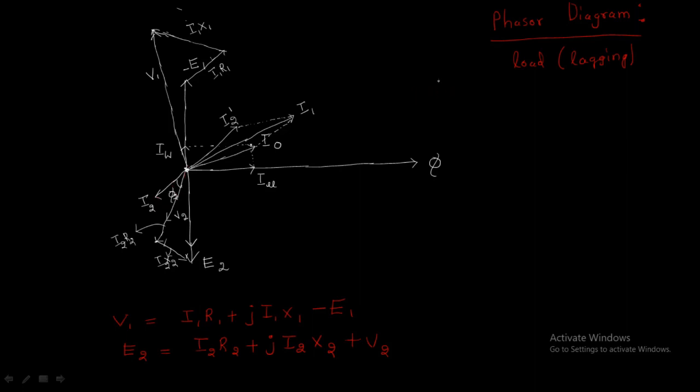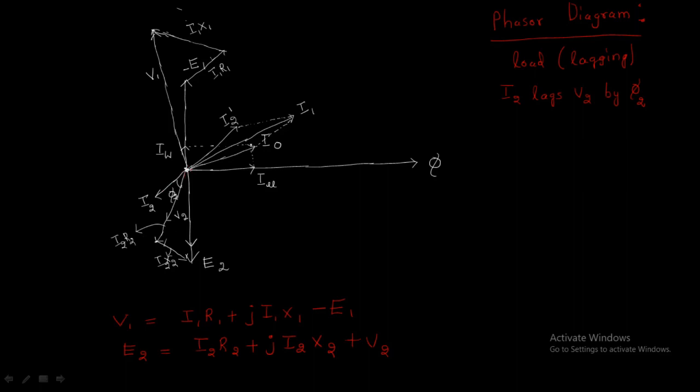So the load current I2 lags V2 by some phase phi 2. That's why V2 is here, and by lagging phi 2 we will get I2. So this is the load side.